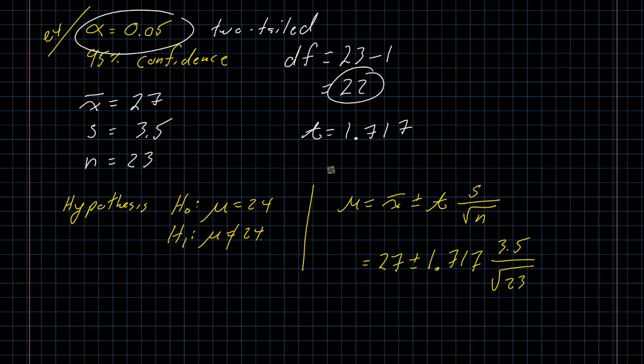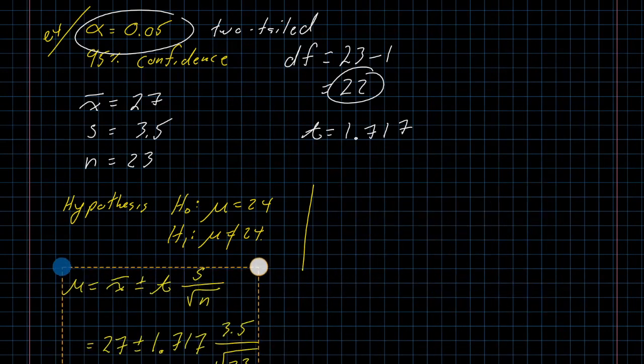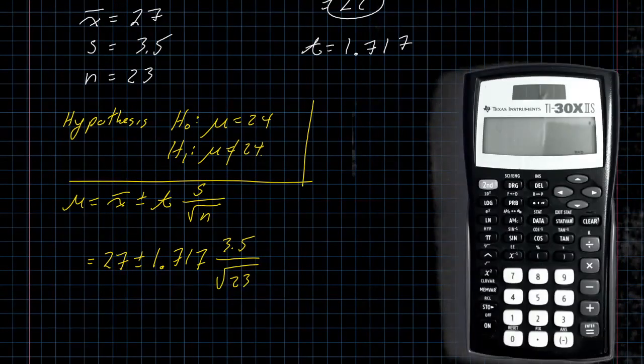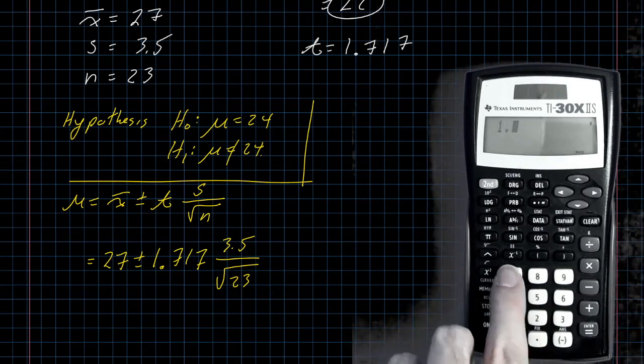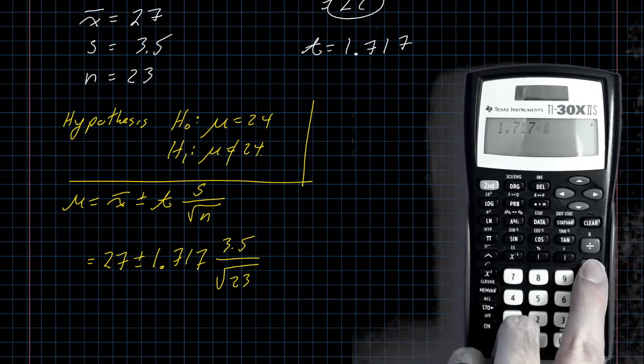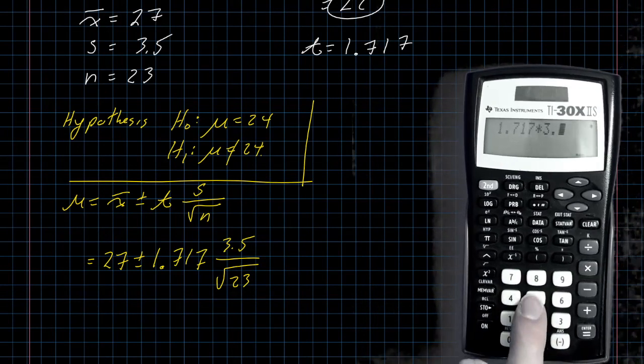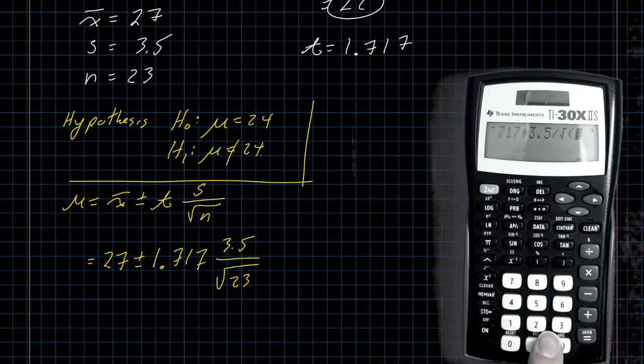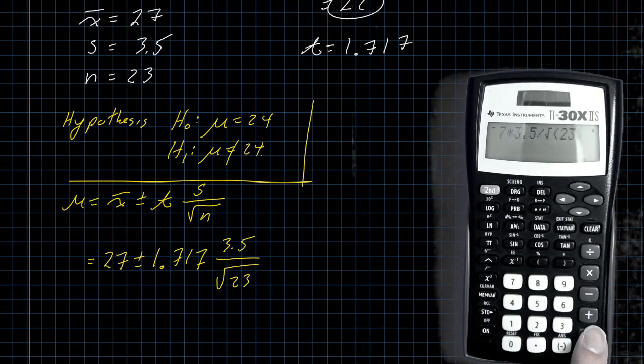And let's move this over to the other side of the screen so that I can bring my calculator up without it getting in the way. I'm going to start by calculating the margin of error. 1.717 times 3.5 divided by the square root of 23.